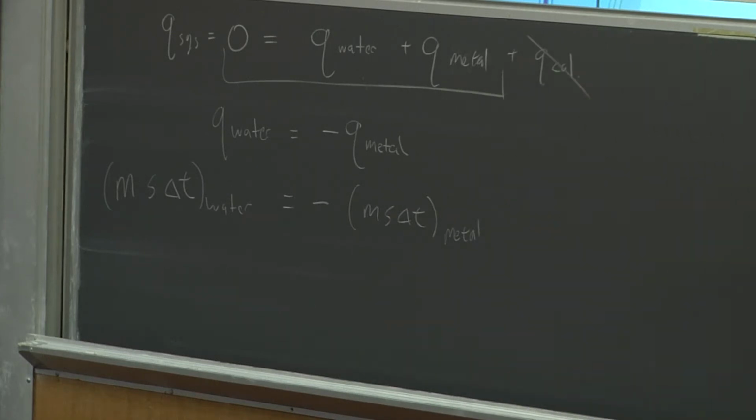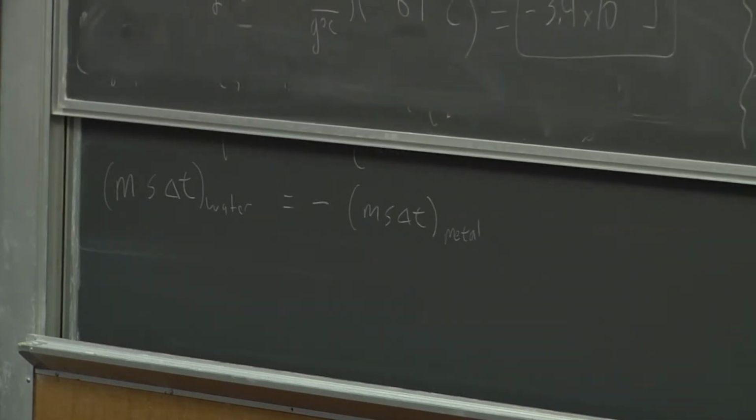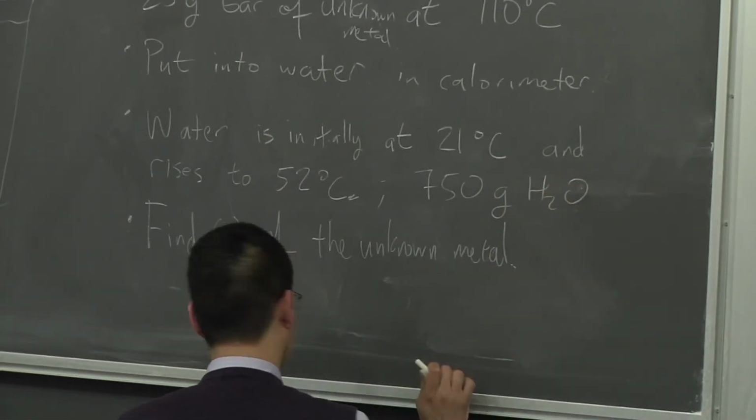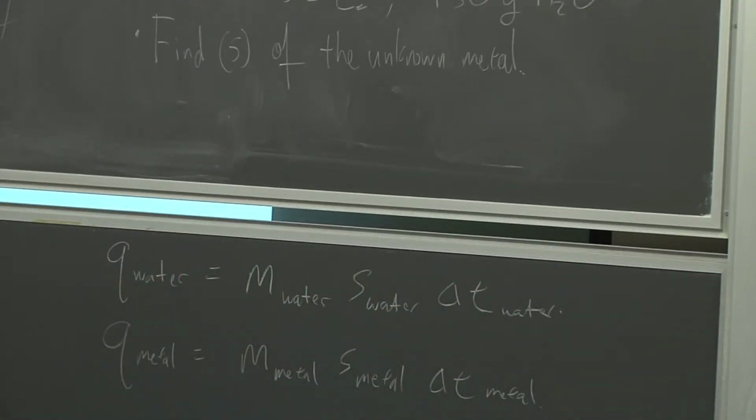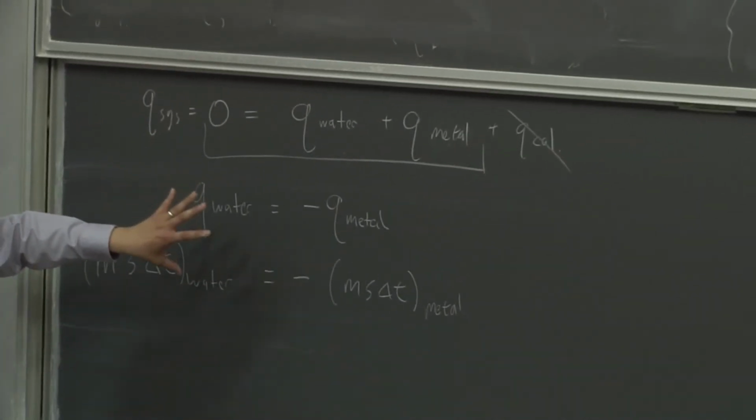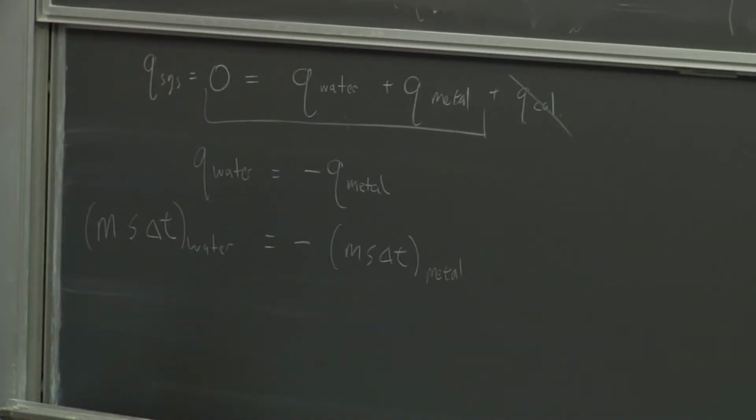One thing I'm going to need to give you is the mass of the water. So I'm going to say we have 750 grams of water. Before we even plug anything in or do any calculations, let's think about this. What is this really saying?